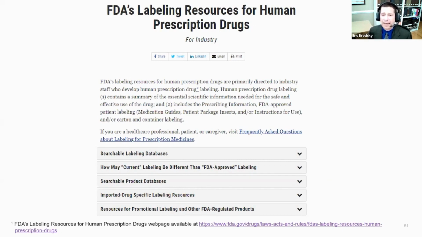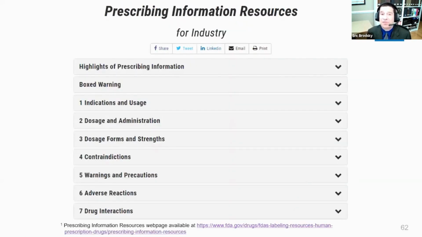Additionally to this homepage, we have a specific page on the prescribing information that obviously includes safety-related information in the prescribing information, specifically patient labeling, carton container labeling, generic drug labeling, biological product labeling. Next slide, please.